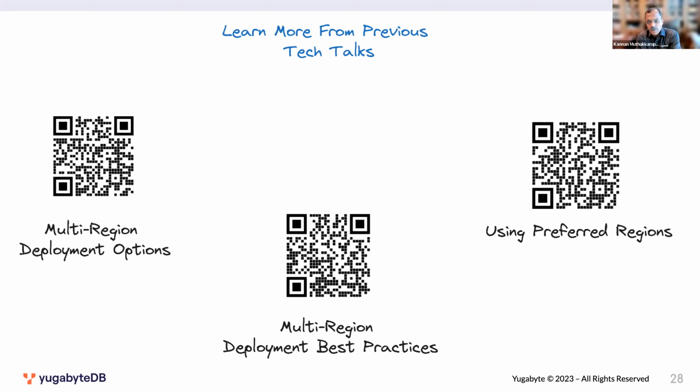Whereas this set of talks, you're seeing the QR codes too, focus a little bit more on the database layer, best practices around data modeling. How do you pick leaders, zones? Should you do follower reads or not? Should you create duplicate indexes to trade off some amount of write performance, but in exchange you get better performance on reads, right?